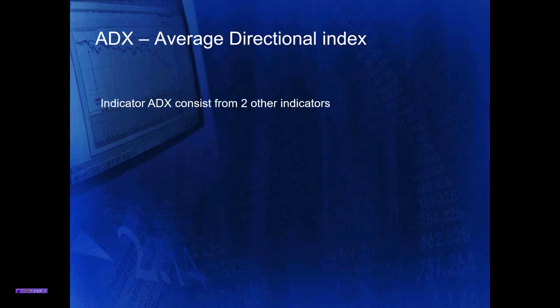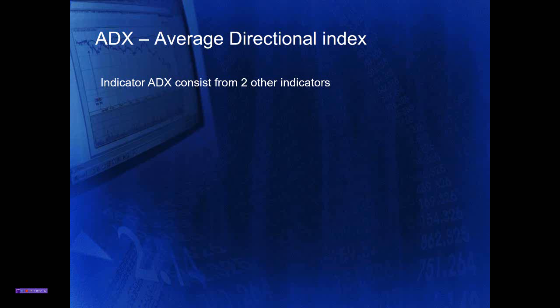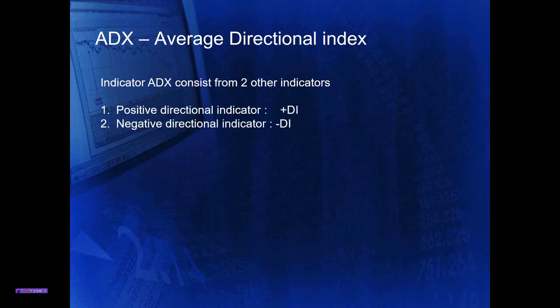Okay, so ADX is actually created from two other indicators, its partial indicators. They are really important because now comes the direction, and these two indicators are the positive directional indicator and the negative directional indicator. We usually mark them as plus DI and minus DI. Also, on the chart they have different colors.